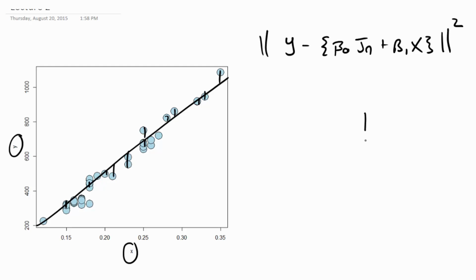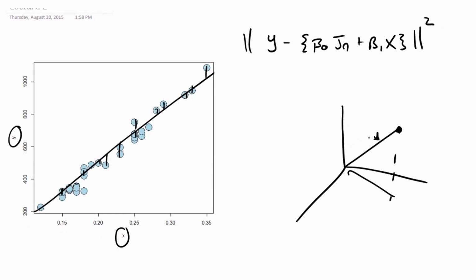The second was to think about y as a point in n-dimensional space, which we're just going to visualize with R3. Y is a point in n-dimensional space, and beta naught jn plus beta 1 x was the two-dimensional plane cutting through the n-dimensional space.